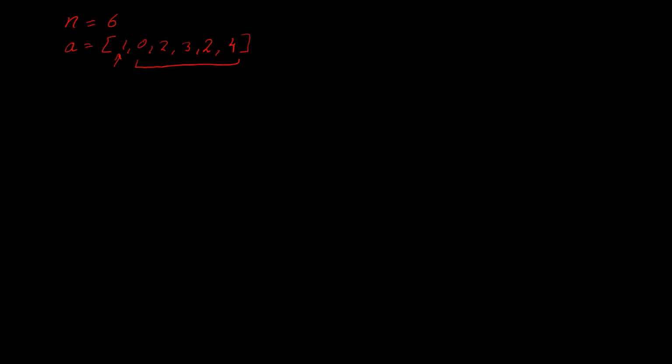So let us see the pseudocode for this. We have an outer loop which will run from i equal to 0 to i less than n, i plus plus. Then we have an inner loop which will also run from 0 to j less than n, j plus plus.